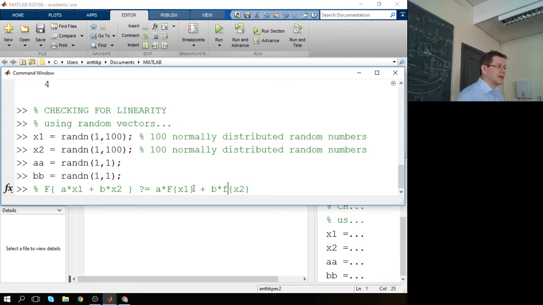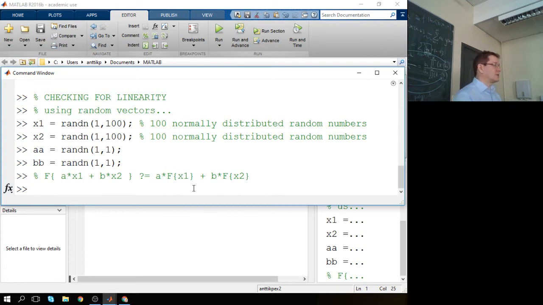So that is our test hypothesis. Let's calculate first the left-hand side.